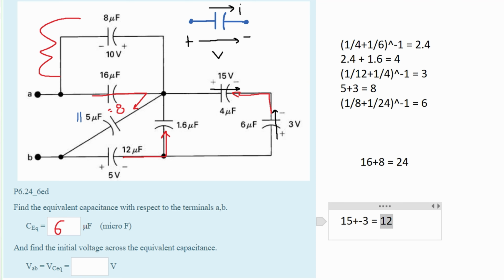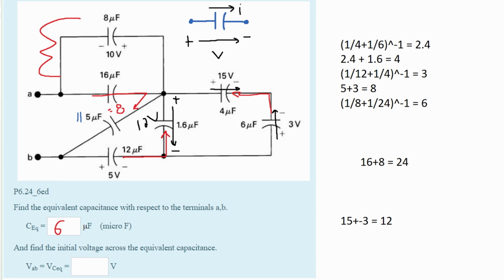Since we have 12 volts here, we know that our 1.6 microfarad is going to be 12 volts as well, because it's in parallel. And remember that voltages in parallel are the same. Now, this voltage in parallel, since our 12 volts is a positive, has to be a plus minus like this. And our voltage is going into the positive out of the negative.